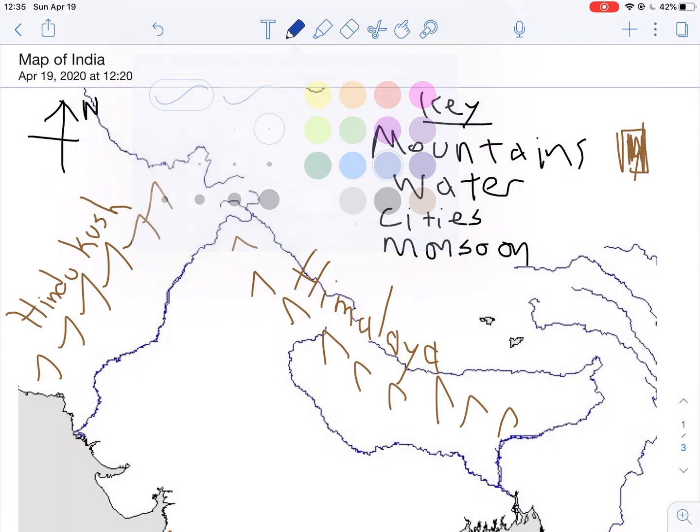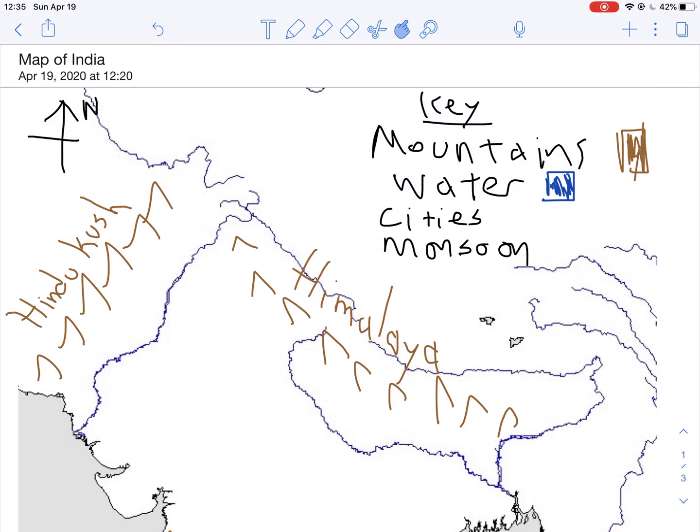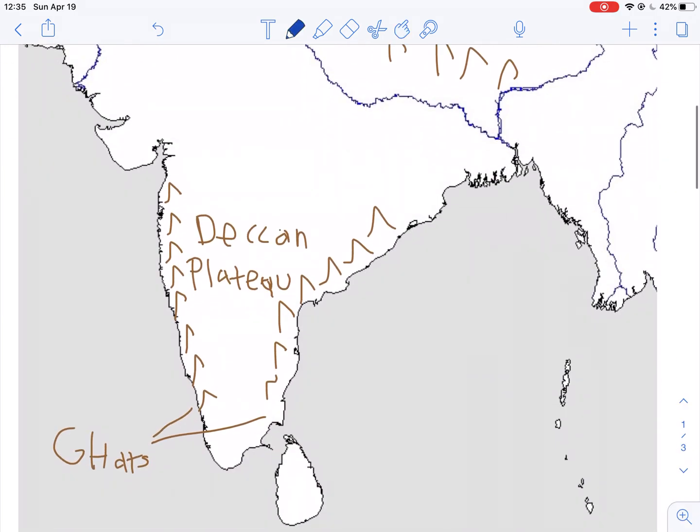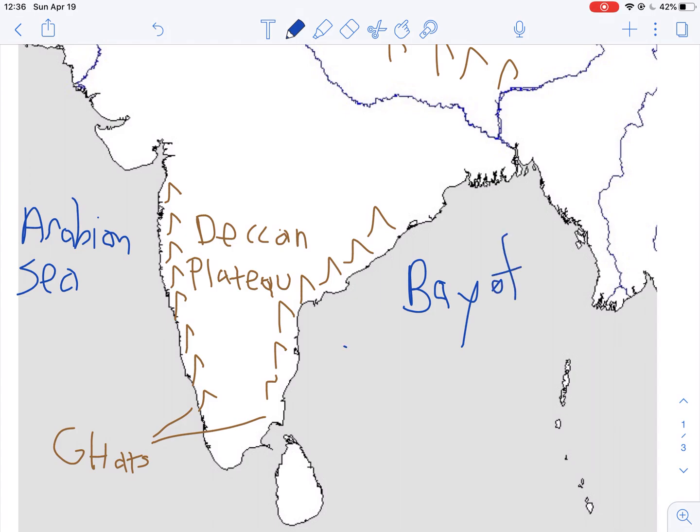So our next color we're going to need is blue because water is blue. All right, and so we're going to be labeling 3 important rivers and 3 bodies of ocean water. So let's start with the oceans. So here on the western side is the Arabian Sea. Here on the east is the Bay of Bengal.